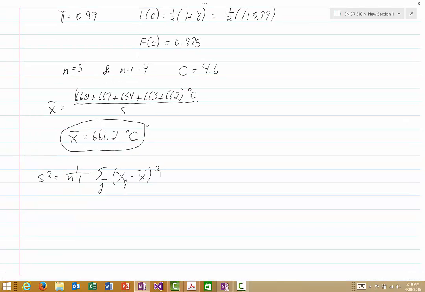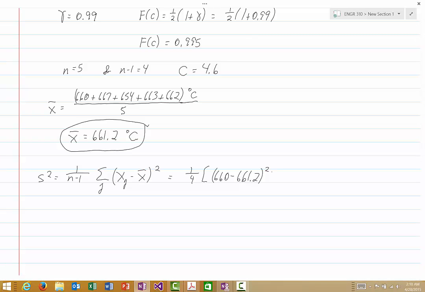So in this case, we get 1 over n minus 1, that will be 1 over 4, times 660 minus 661.2 squared. And I'll just hold the degrees centigrade squared till the end.